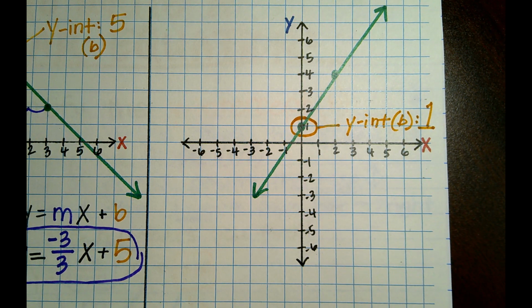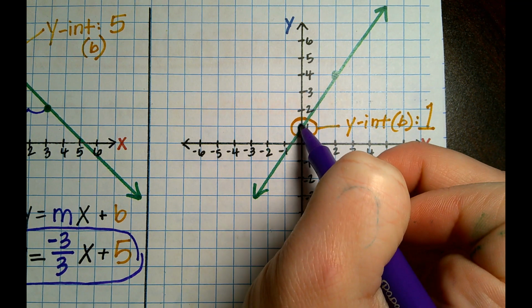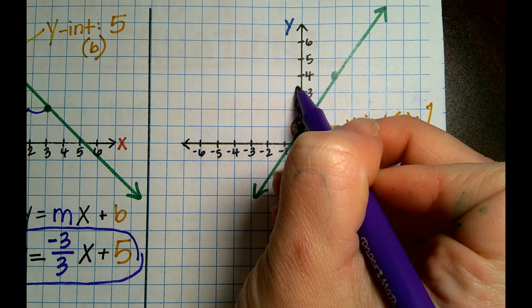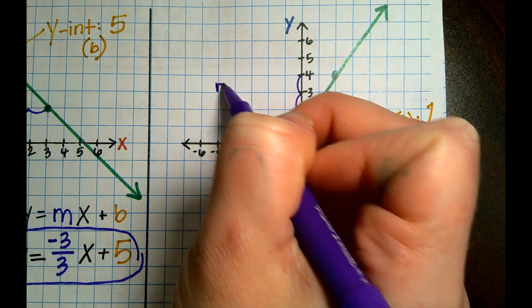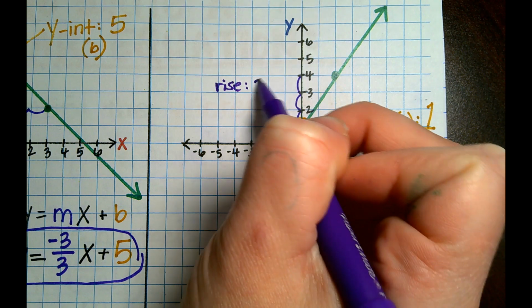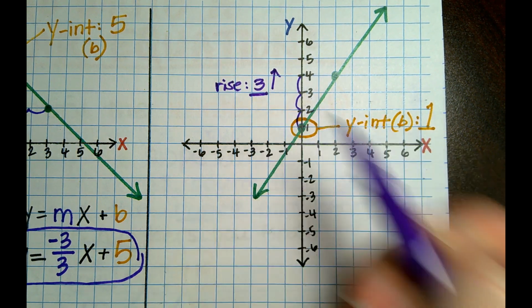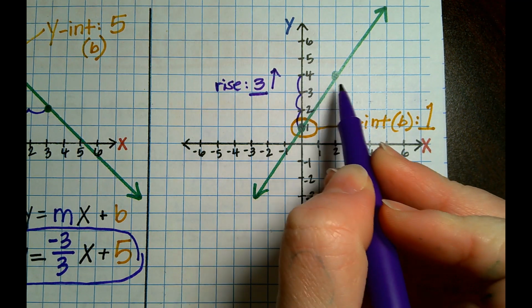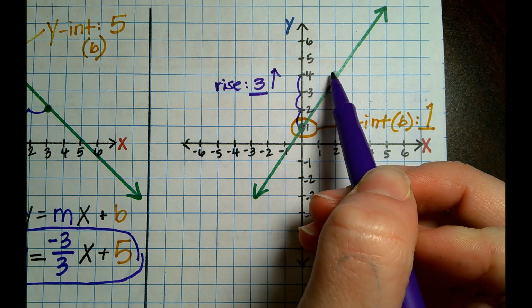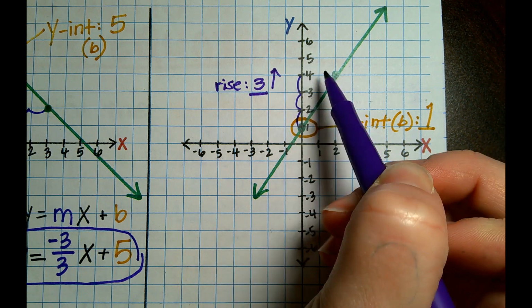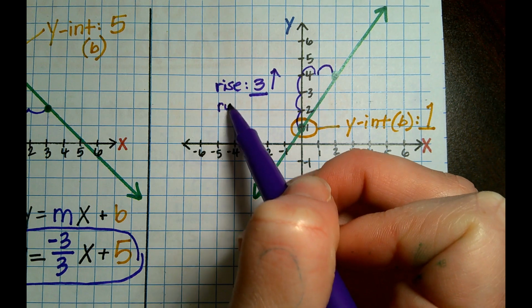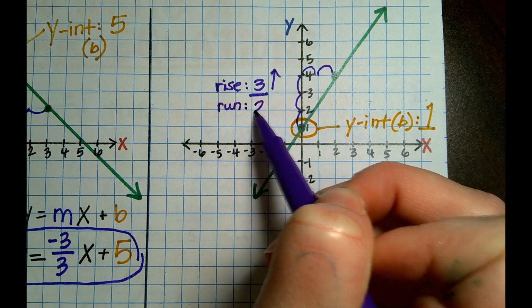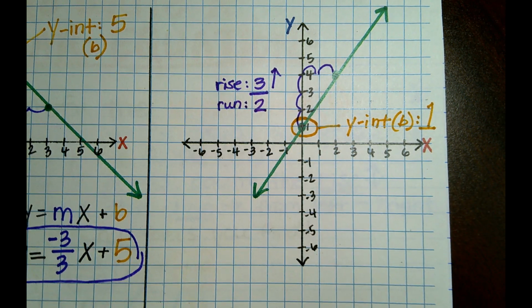Okay, how do I find my slope? Go up, let's see, 1, 2, 3. Just 3. So we'll go up 3. So that's my rise. We went up 3. And my run, how many spaces over? 1, 2. So my run is 2. Okay.